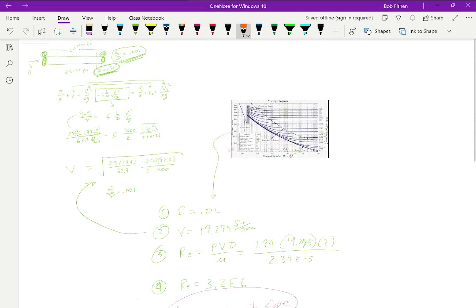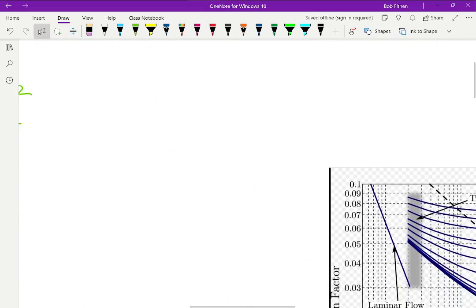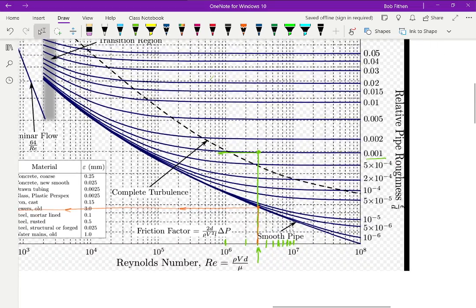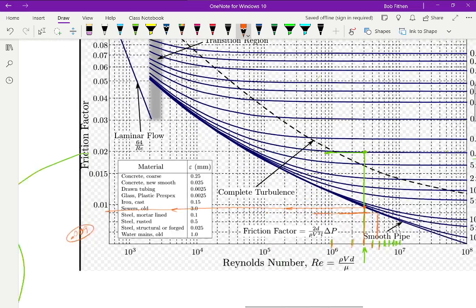This moves us to the right on the Moody diagram here. So there was my 1, there's my 2, 3, 4, 5. So somewhere around here, I would cross that and I would come back off of here. So it would sit right there on that line.